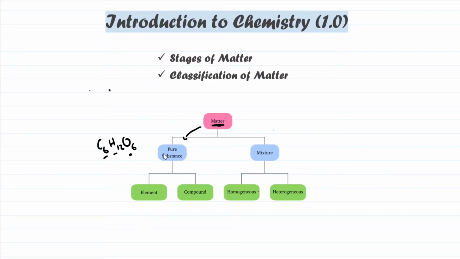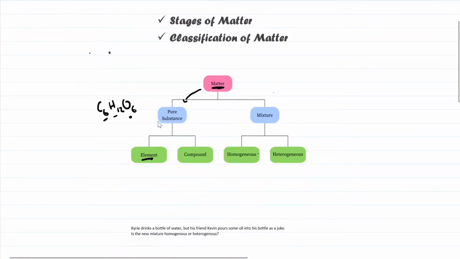From here, pure substances branch off into both elements and compounds. Elements are really the building blocks of pure substances, and they're composed of a single type of atom. Now, in this example here, we looked at C6H12O6, and carbon, C, is an example of an element. Hydrogen, H, is also an example of an element.